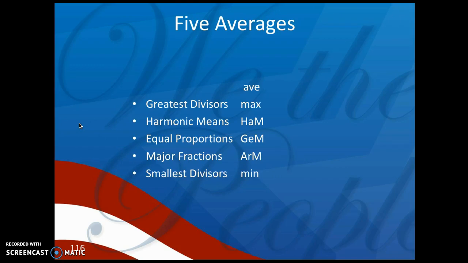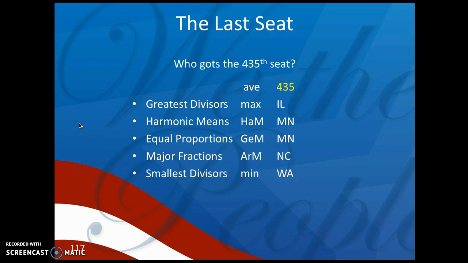But just to look at some differences, in the last seat, this is in the 2010 census, seat 435, equal proportions here, this is the geometric mean. Minnesota actually received the very last seat. Notice there's definitely some change here.